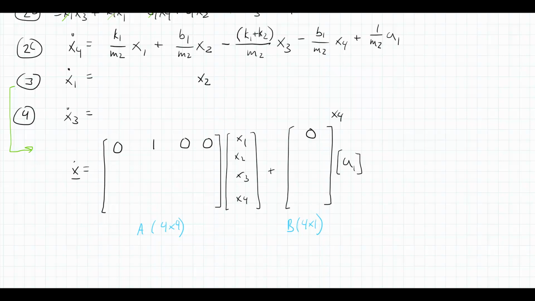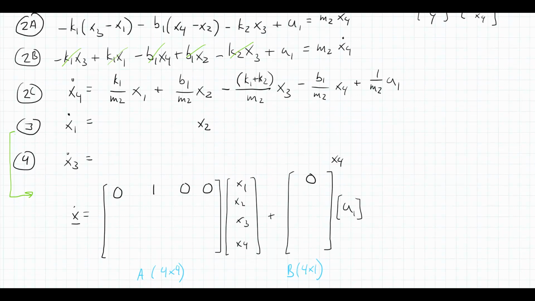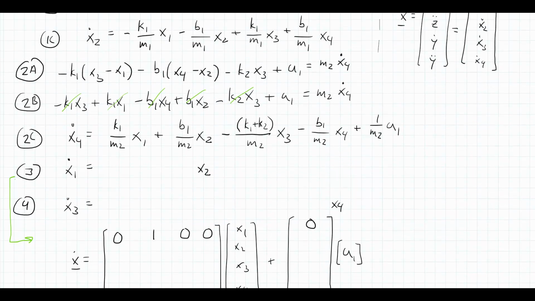That's pretty straightforward. Now I have my x2 equation, which is 1c. So I'm going to bring that down all the way here, and that will form the second row of this matrix equation. So the coefficient in front of x1, I have a negative k1 over m1. I have a negative b1 over m1 in front of x2.